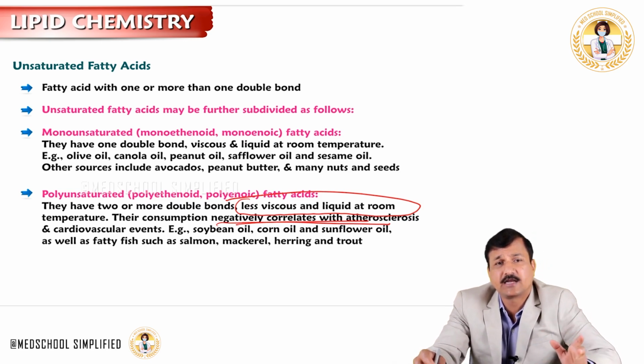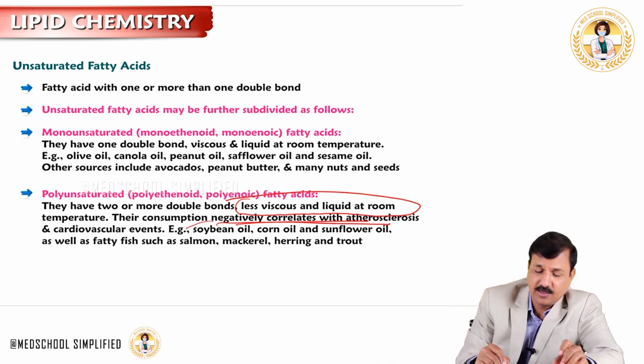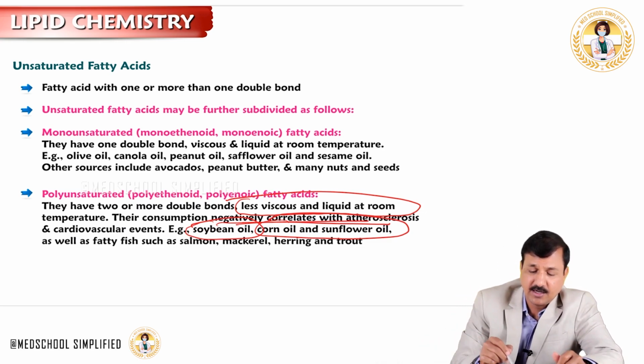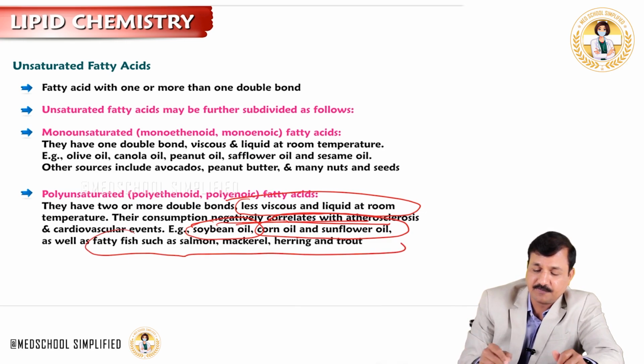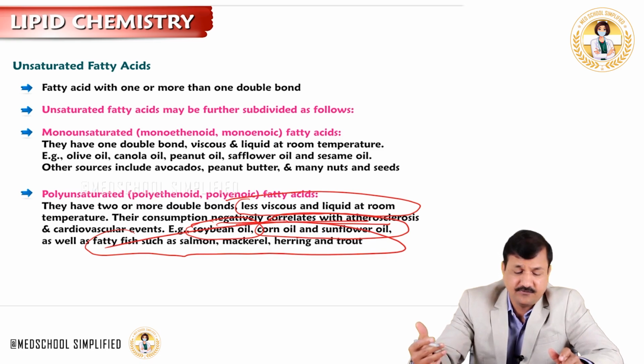It's exactly opposite to what we have seen with saturated fatty acids. Sources of polyunsaturated fatty acids include soybean oil, corn oil, sunflower oil, and fatty fish like salmon, mackerel, herring, and trout. All of them contain higher amounts of polyunsaturated fatty acids.